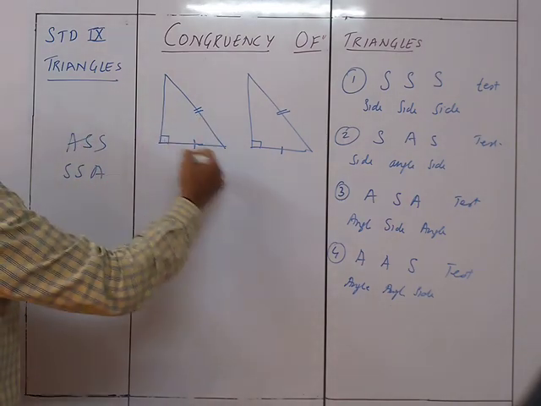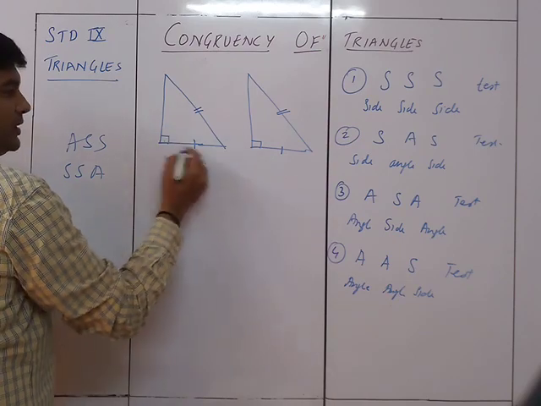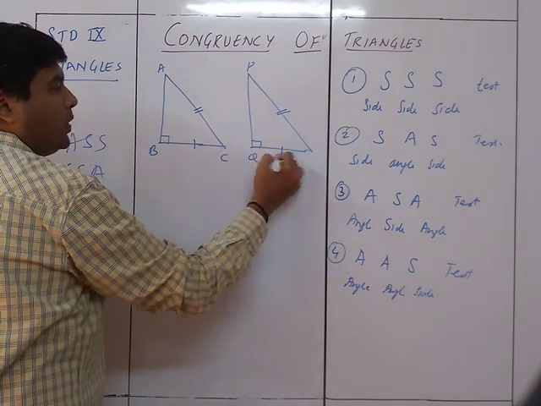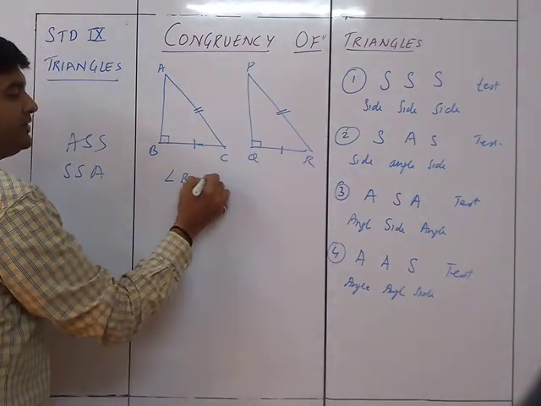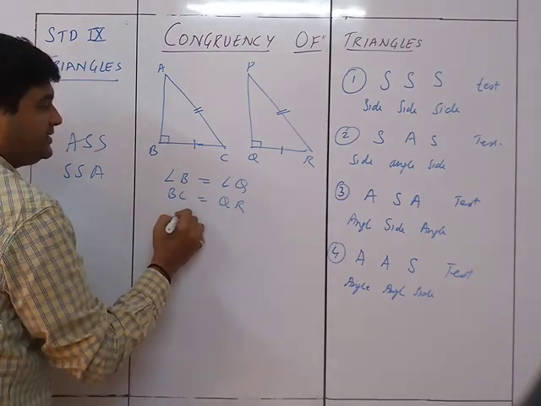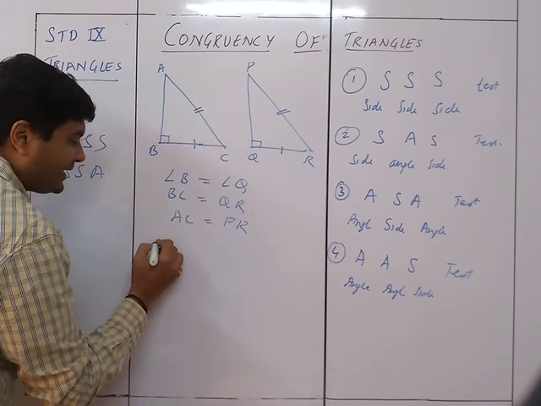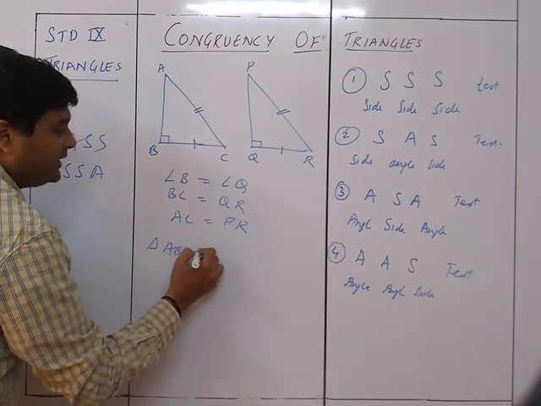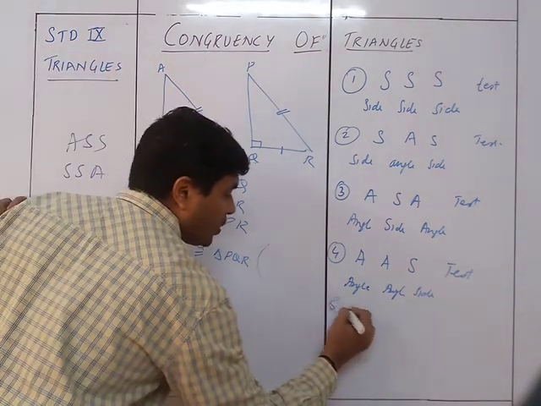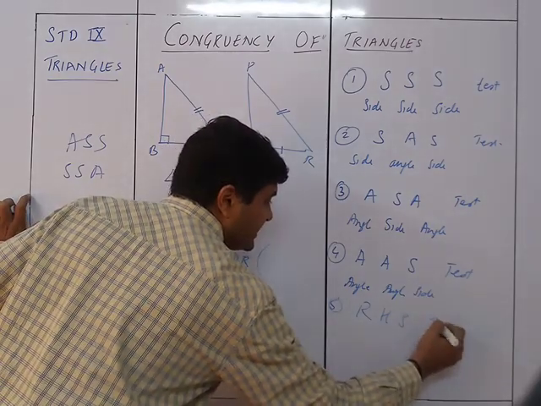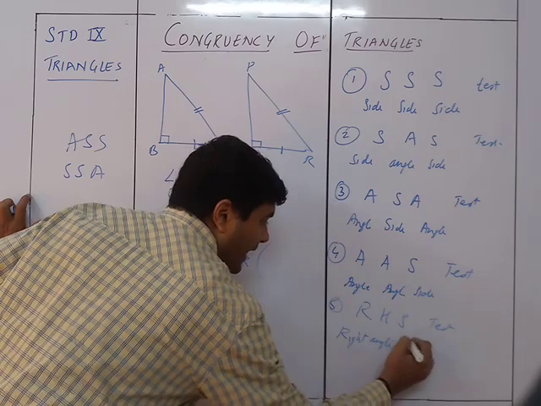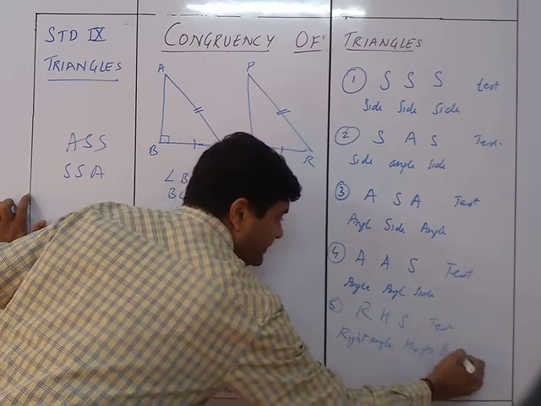But in the case of right angle triangles, you have this. So this is ABC and this is PQR. We have angle B equal to angle Q, BC equal to QR, and AC equal to PR. In that case, triangle ABC is congruent to triangle PQR, and the test over here is called the RHS test, that is right angle hypotenuse side test.